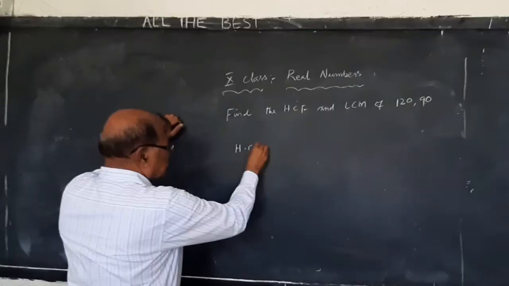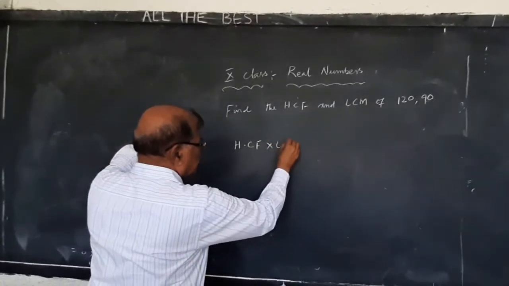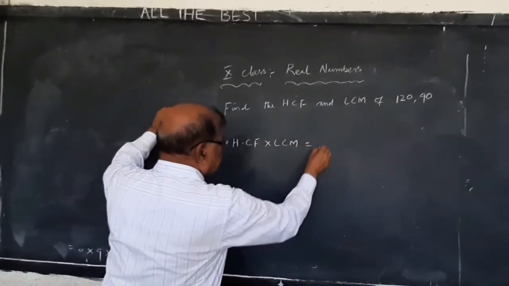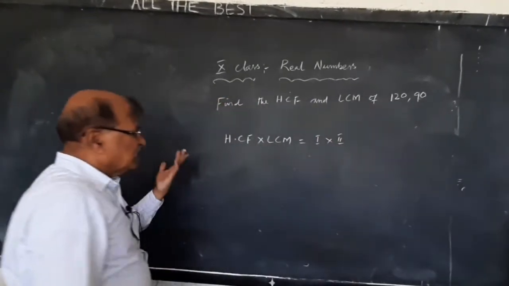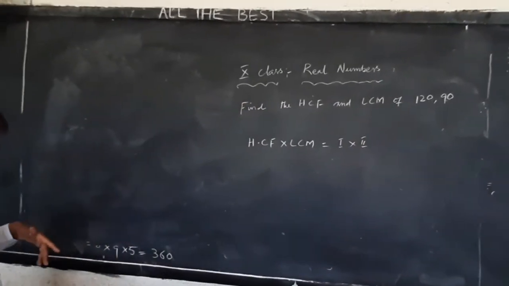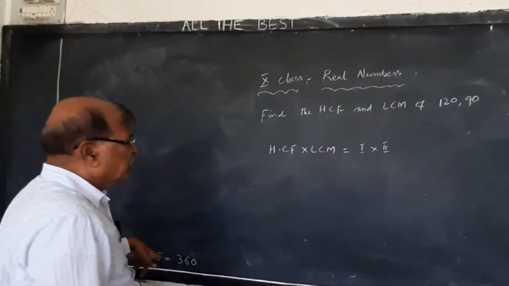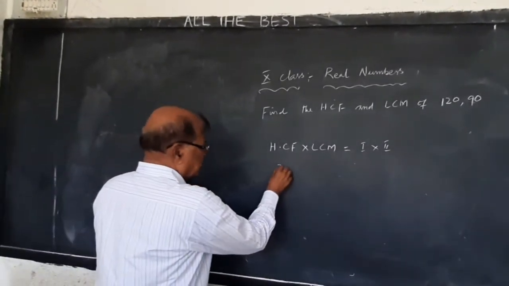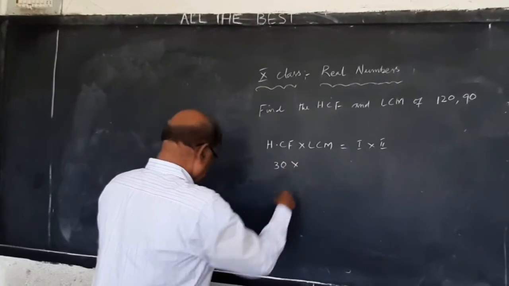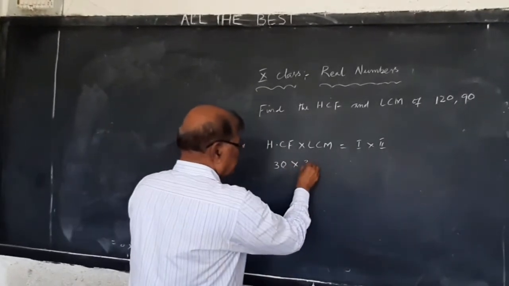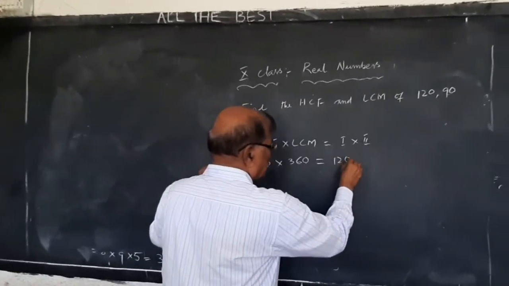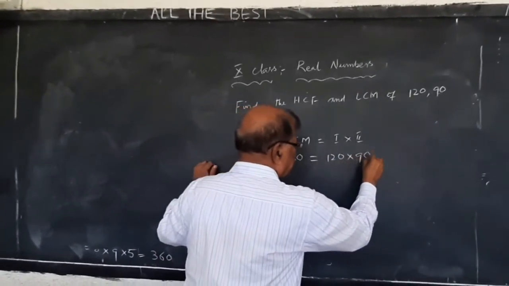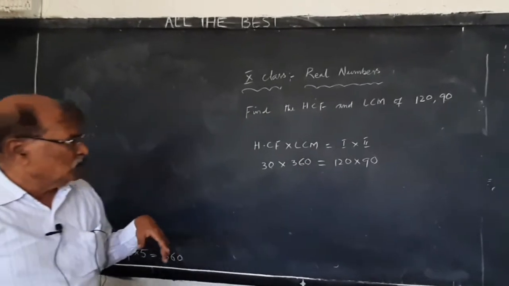So HCF into LCM is equal to first number into second number. Let us verify whether our answer is correct or wrong. The HCF was 30 into LCM 360 is equal to the first number 120 and the second number 90.